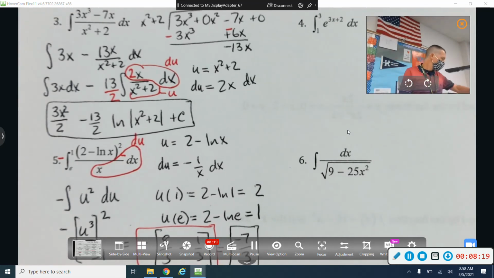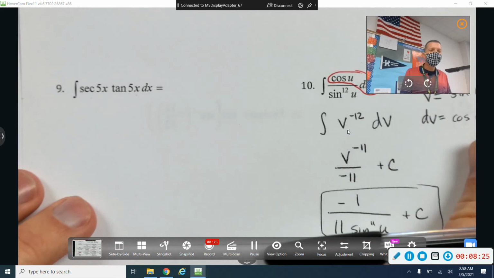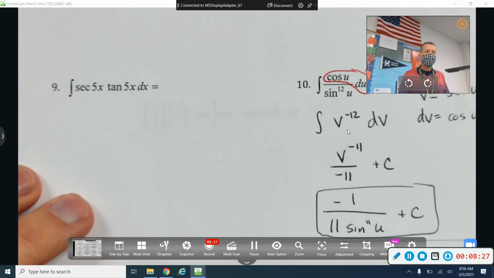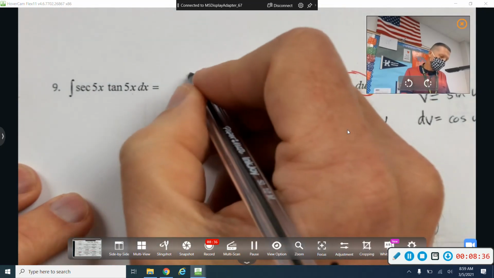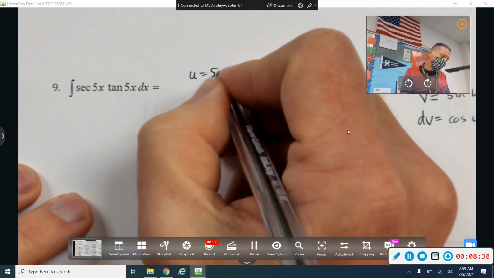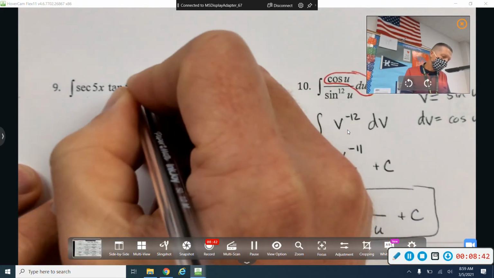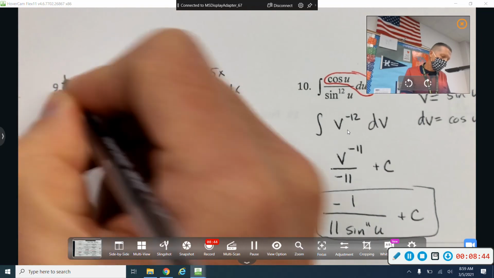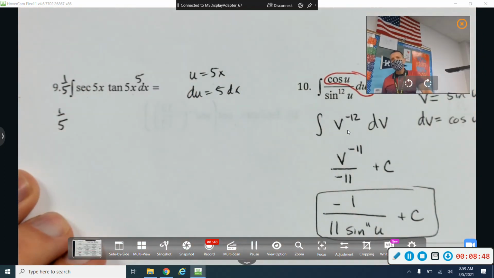Is number 9 just one of those ones that we just have to know? Good question. Number 9 is one of those that you have to know. Hopefully you recognize that and you're thinking, wait a minute, there's a function I've seen whose derivative is secant tangent. Maybe you want to take care of the 5 thing, but so who has a derivative of secant tangent?